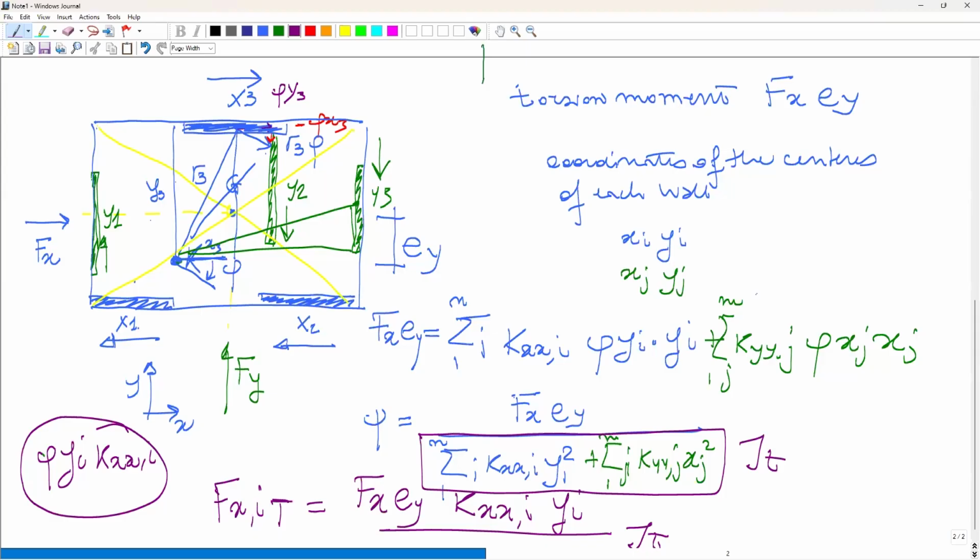Well, the same model you apply to the case of a force Fy is exactly the same. So actually, this is a very simple model. It's based on the fundamentals of solid mechanics. And for example, it's very useful even for a preliminary design. And this is the method that you apply also in masonry construction.